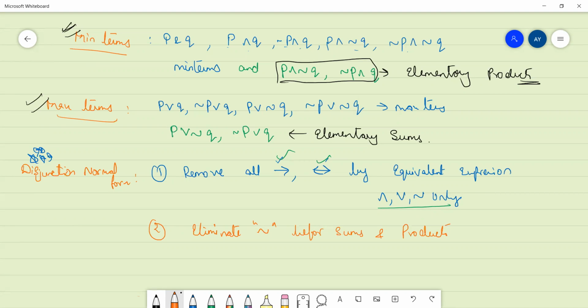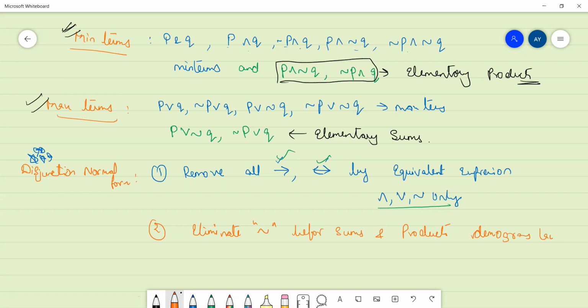Here you have to make use of the laws, like the associative law and so on. The important law is De Morgan's law, the one law we are going to be using.